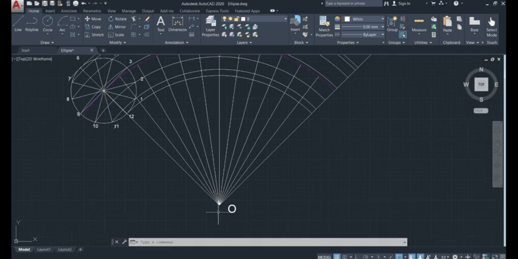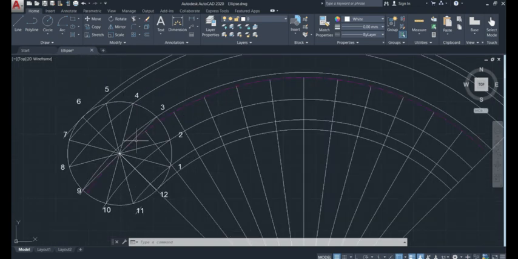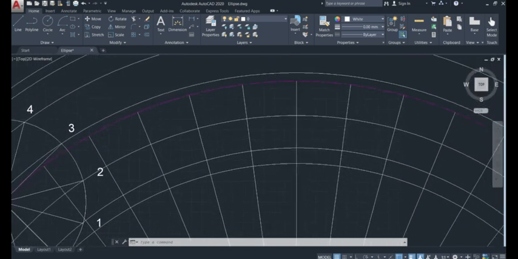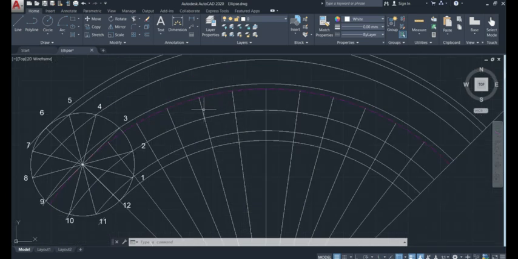Here the division lines starting from the center of the sector O is intersecting the central axis arc at different points. So these different points can be considered as different centers.